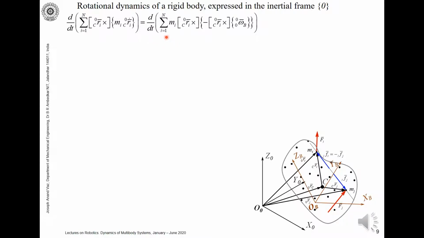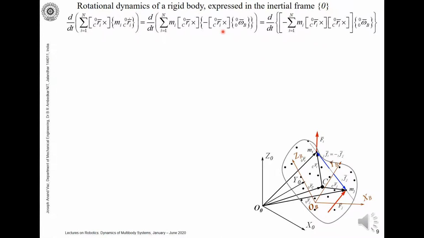So we can write this bracketed term as the rate of change of the mass moment of the momentum, that is the mass moment multiplied by this velocity, which is minus r cross omega. Now we can rearrange this.